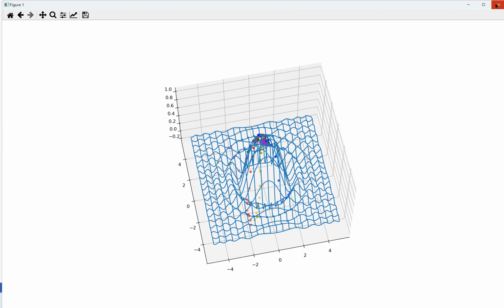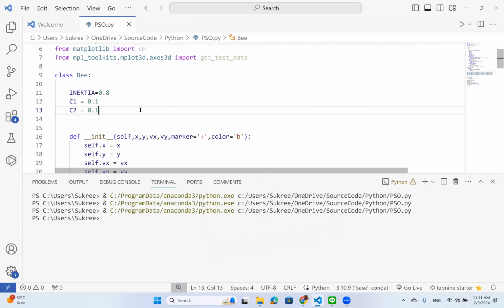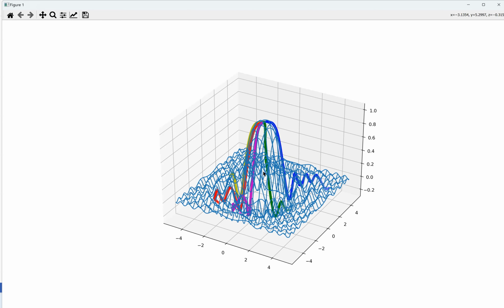Okay. Look at this. I will change it to a value that is lower. This one, because now C1 and C2 are very low.